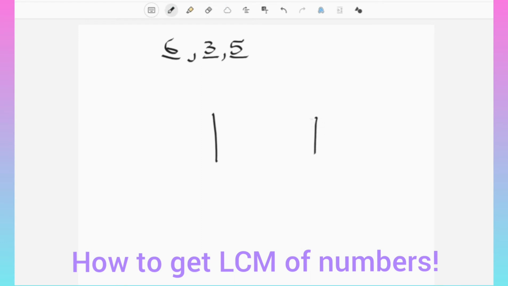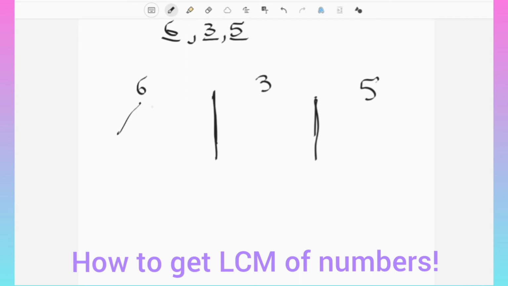Now I've got 3 columns here. Now I put each number in a column.